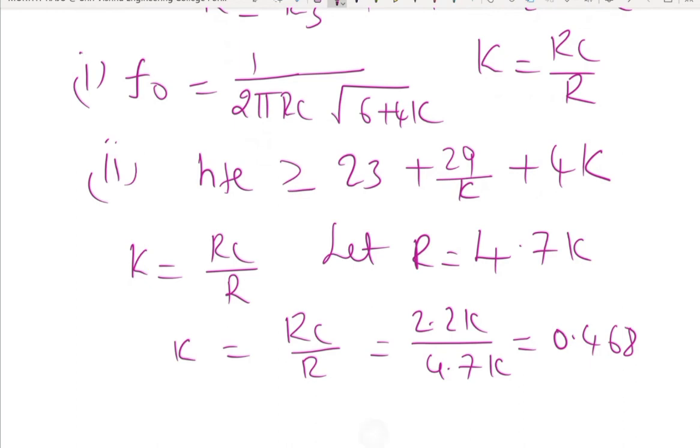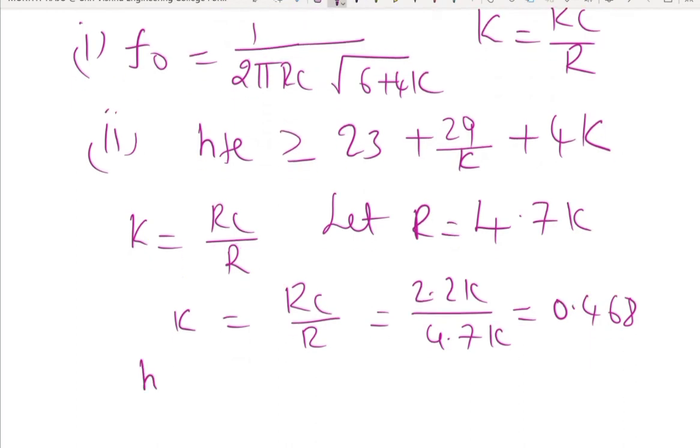For the transistor, we consider BC 107. HFE is equal to 100 for BC 107 transistor.